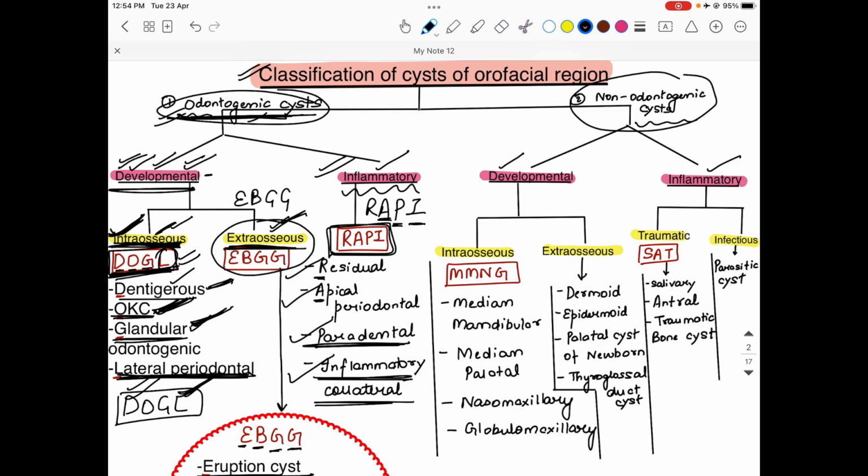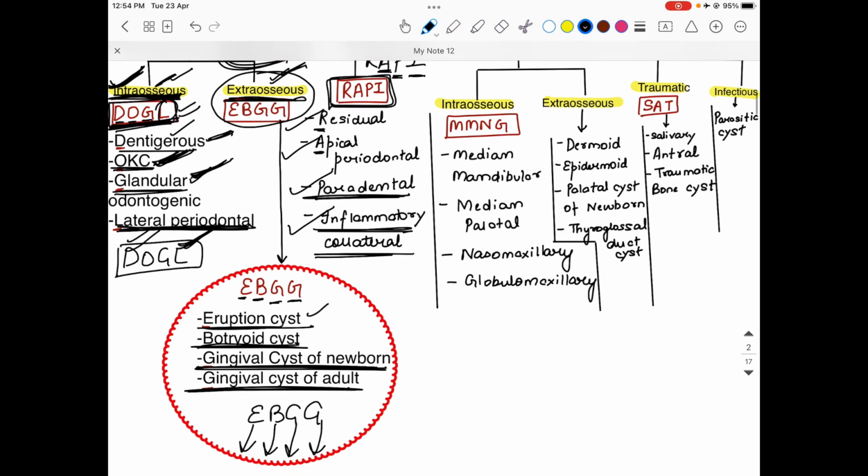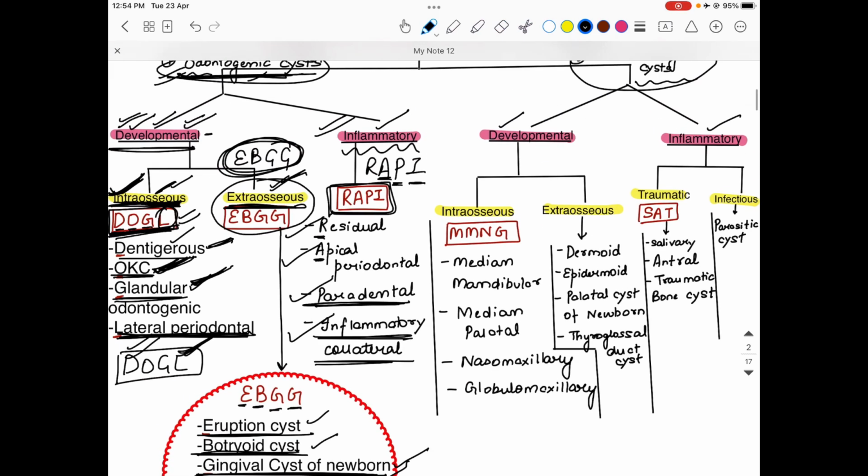And for extraosseous, you have to remember EBGG, that is basically eruption cyst, botryoid cyst, gingival cyst of newborn and gingival cyst of adult. The next is inflammatory. For this you need to remember RAPI, R for residual, A for apical periodontal, P for paradental, and I for inflammatory collateral cyst.